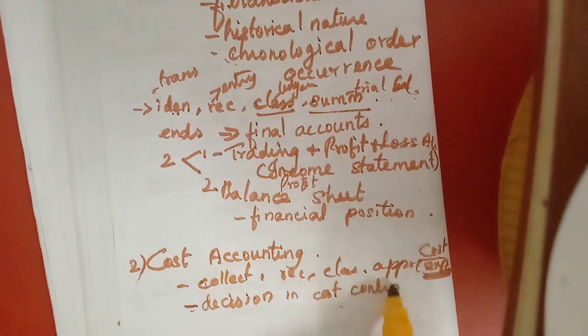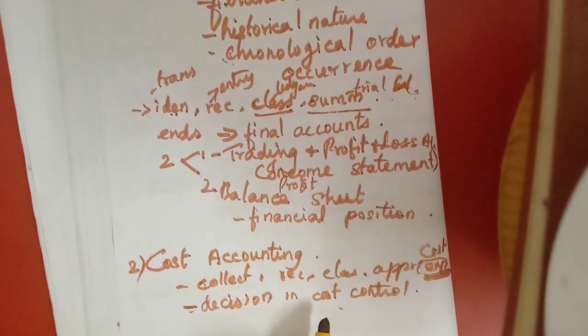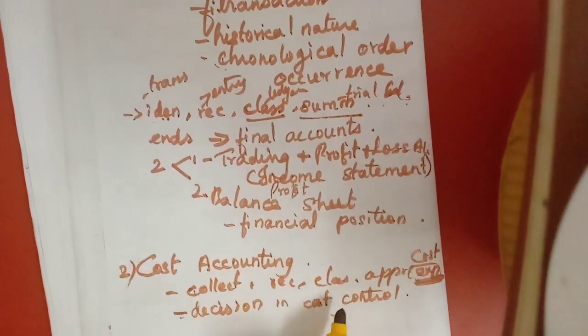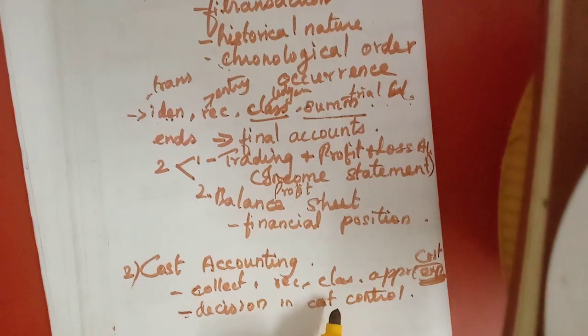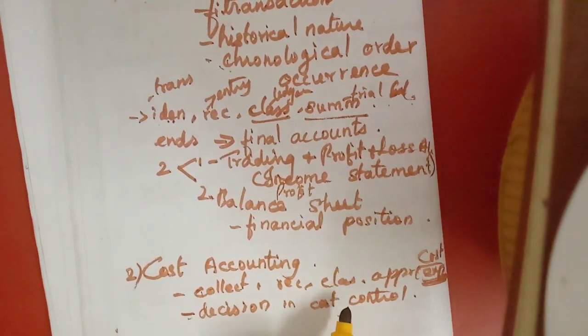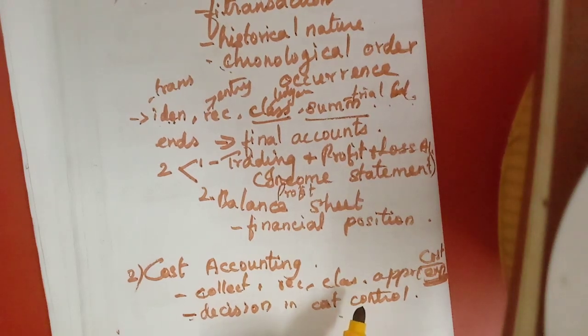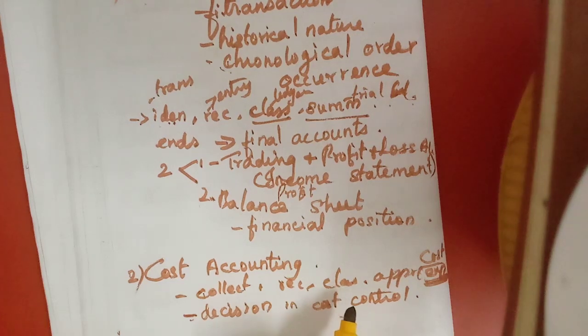They have to control the cost. If they reduce the cost only, they can increase the profit, isn't it? So immediately anyone cannot increase the price. If they increase the price, we may lose many of our customers, because wherever they get the product at a cheaper price, they may move, leaving our product.